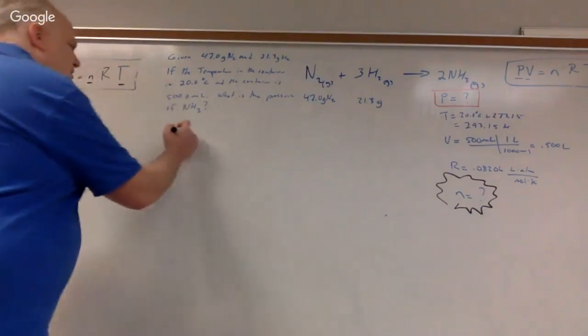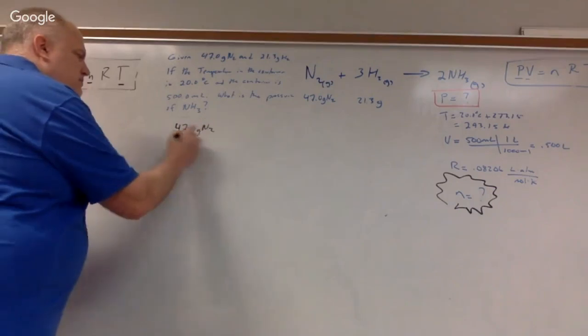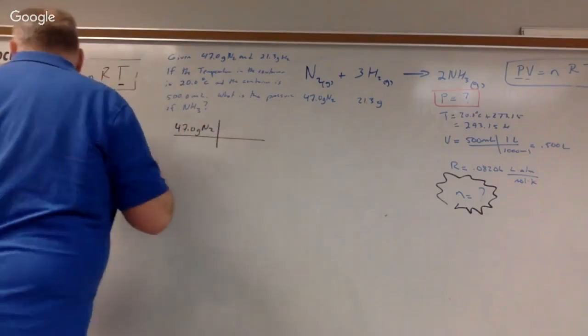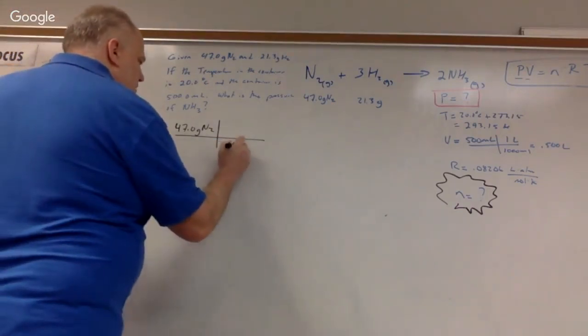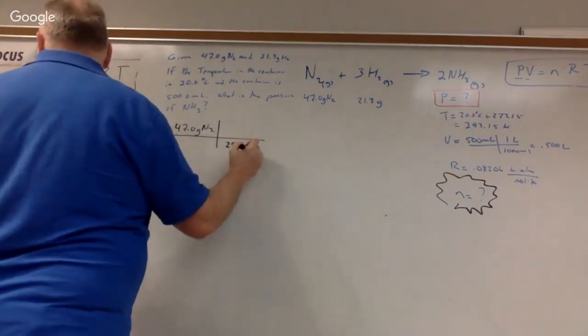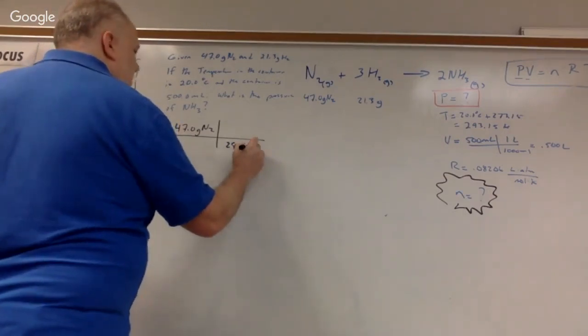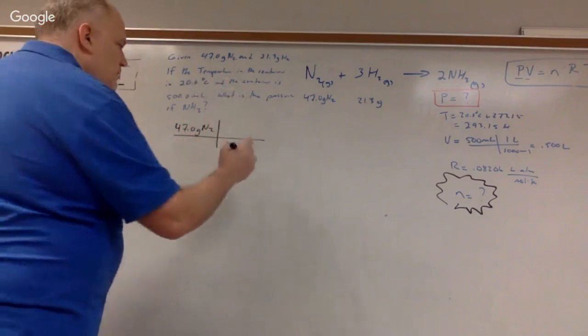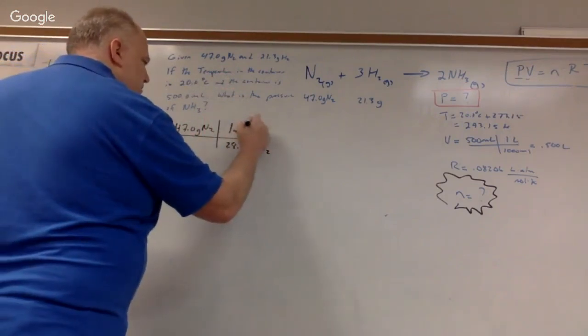So couldn't I go like this and go, all right, I have 47.0 grams of N2. And if I use the molar mass from the periodic table of N2, that'd be 28.0, I want to say 1, maybe? What is it? It's 0.14, so 28.0 grams of N2 for every 1 mole of N2.